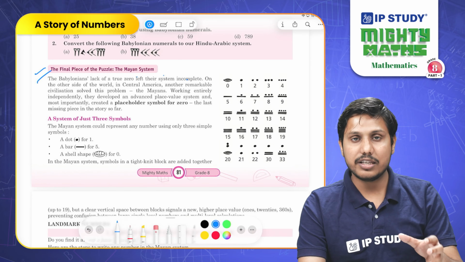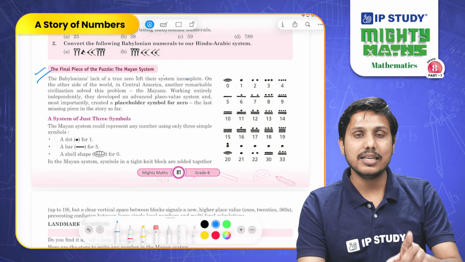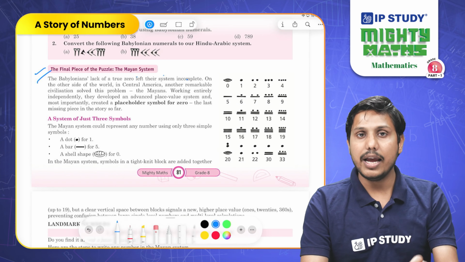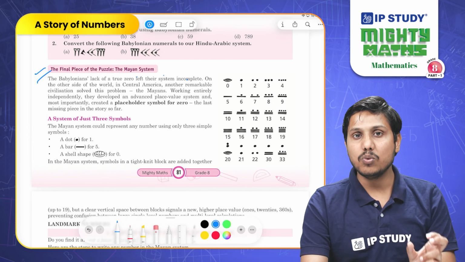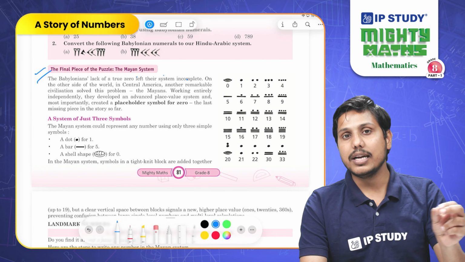Like for the 60 that I told you, it will be difficult to understand using a single wedge whether it is 1 or 60. But in the Mayan number system we have a special symbol for 0 called a shell, and we use that shell to indicate that the position is empty or is 0.